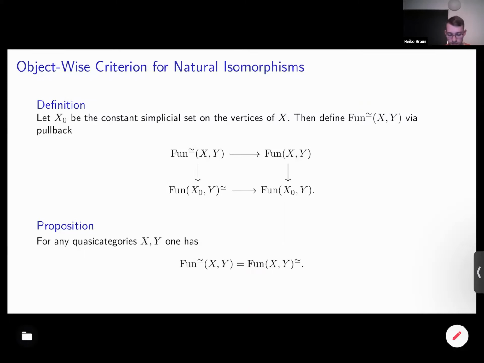So the core just flips from here to there. And this theorem then gives us this characterization of object-wise natural isomorphisms, the object-wise criterion.